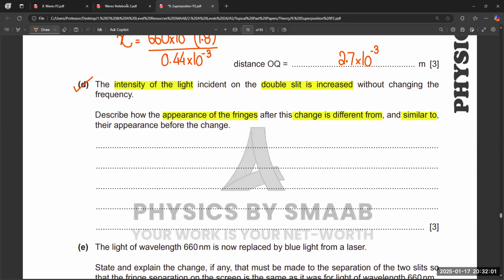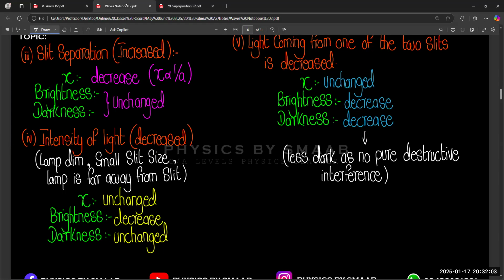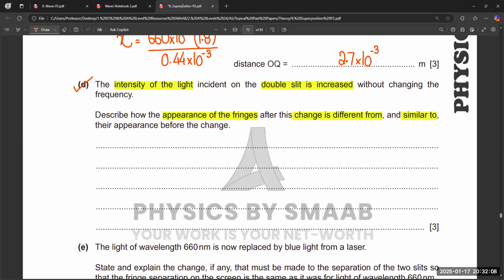According to the factor, as we already discussed, if intensity decreases, brightness decreases, so if intensity increases, brightness increases. Brightness increases.